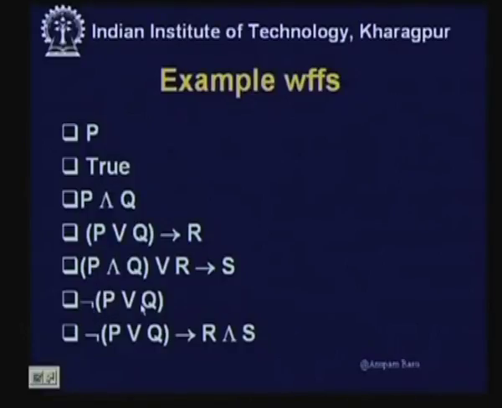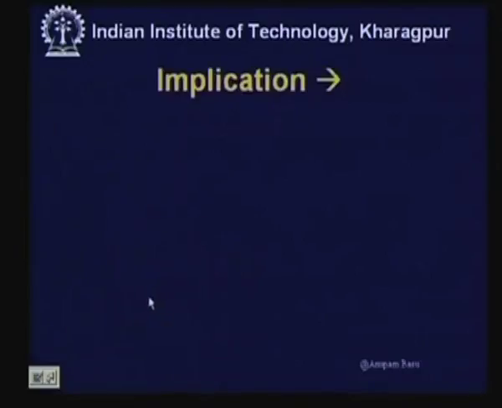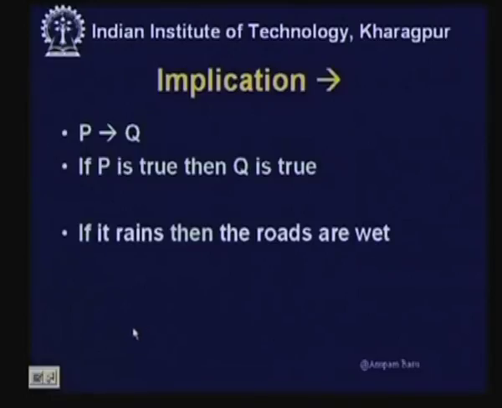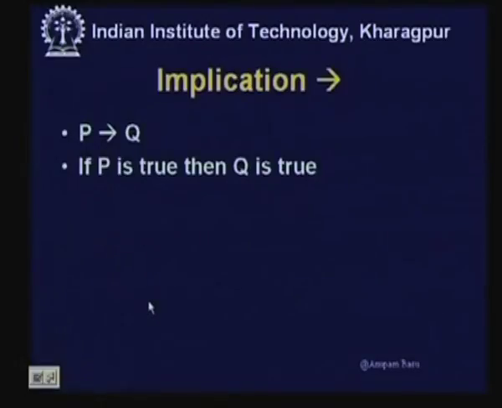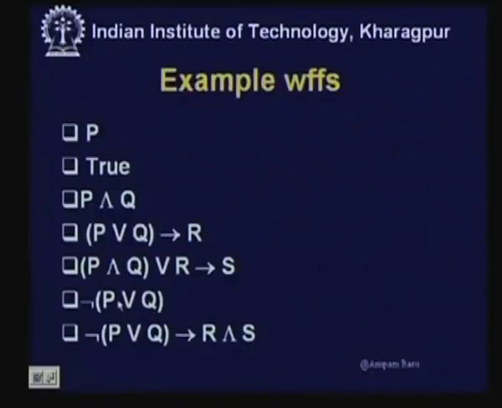Now, not of P or Q. Let us see. We can just observe here. I see that P is a proposition or a sentence. Q is a proposition or a sentence. Say P is a valid sentence, Q is a valid sentence, and therefore P or Q is also a valid sentence.